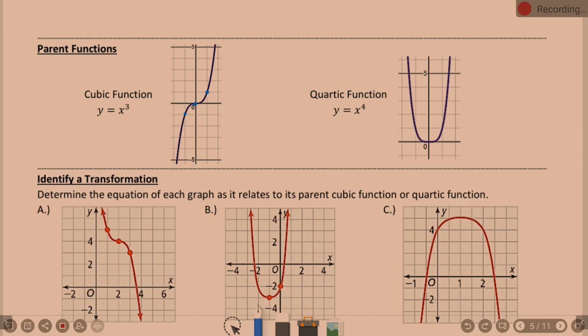Just so you have a visual: the blue is your parabola, x squared. The red is the x to the fourth, the quartic. They're very similar, just a little bit different.